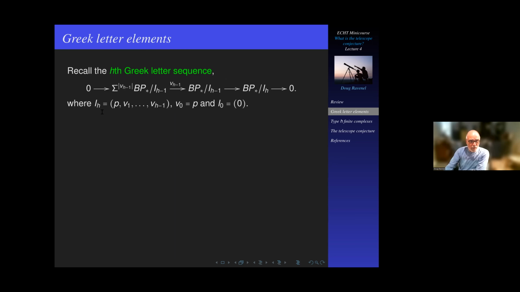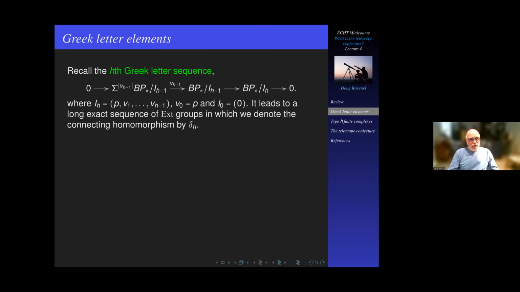So this involves quotients of BP_* by certain ideals that are indicated here. Now remember that BP_* itself is a polynomial algebra on v1, v2, v3, etc. And the dimension of v_h is 2p^h minus 2. So there were short exact sequences of this form.